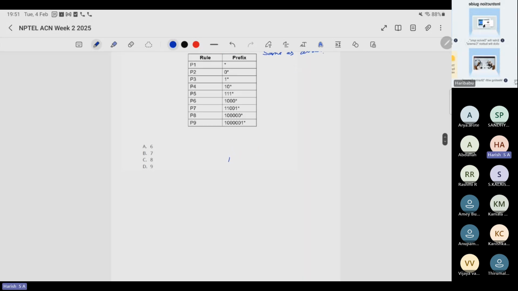So this is P1. So basically a star. This is P2. Goes there with a 0. And then this is P3. Right. And then now we go to a 0.